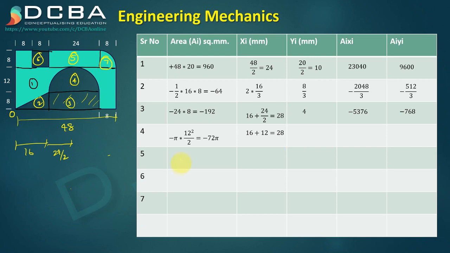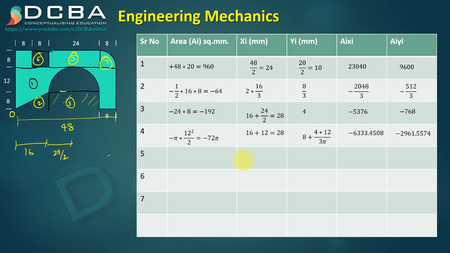Yi will be 8 plus 4r upon 3 pi. See, the centroid of this semicircle will lie somewhere here at this distance, so this is the distance that we require. This is the y bar or Yi for this semicircle, so it is 8 plus this much, which is 4r upon 3 pi, right?